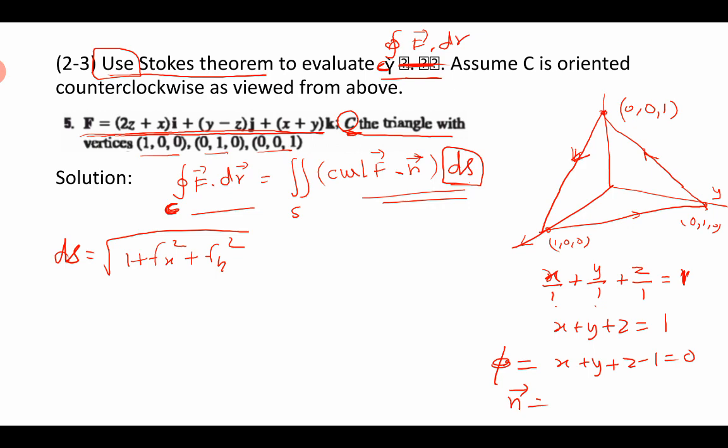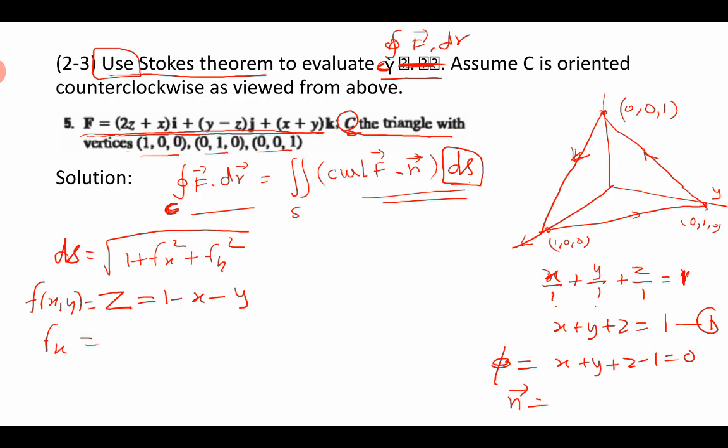For which we need a function of x, y. So take this equation number 1 right here. Z is 1 minus x minus y, which is a function of x, y, isn't it?